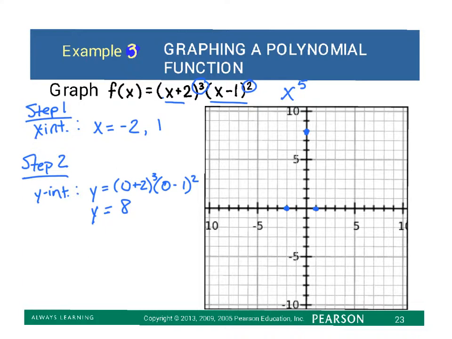Since it begins down here, it's going to wiggle across the graph like that. And for the x-1 factor, it's going to bounce off the graph. Because it ends up here, it's going to bounce off the graph like this.